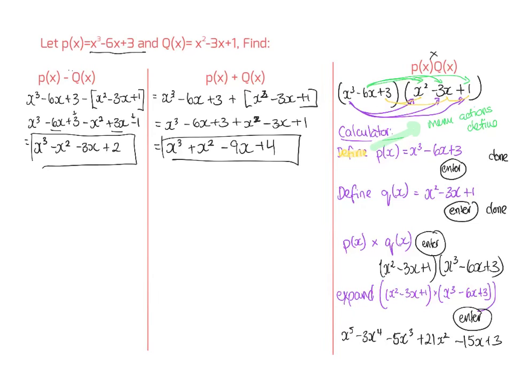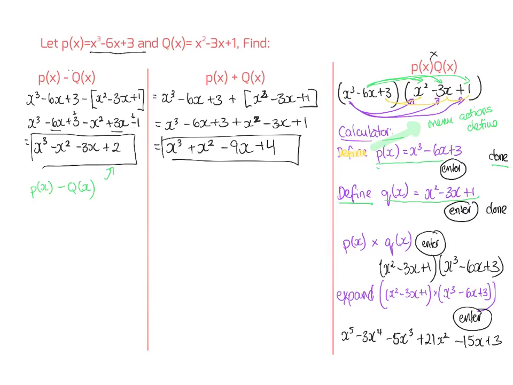So you get the word define, then you type this in and you press enter and it should say done. Then we're going to define the next one. So we write q, define, with the menu, actions, define. Then we type this in, q of x equals and so on, and we press enter and it says done. So now it's got the two stored in. So if you really wanted to, you can check your answers over here. You can type p of x minus q of x on the calculator, and you should get the answer that we got up here.